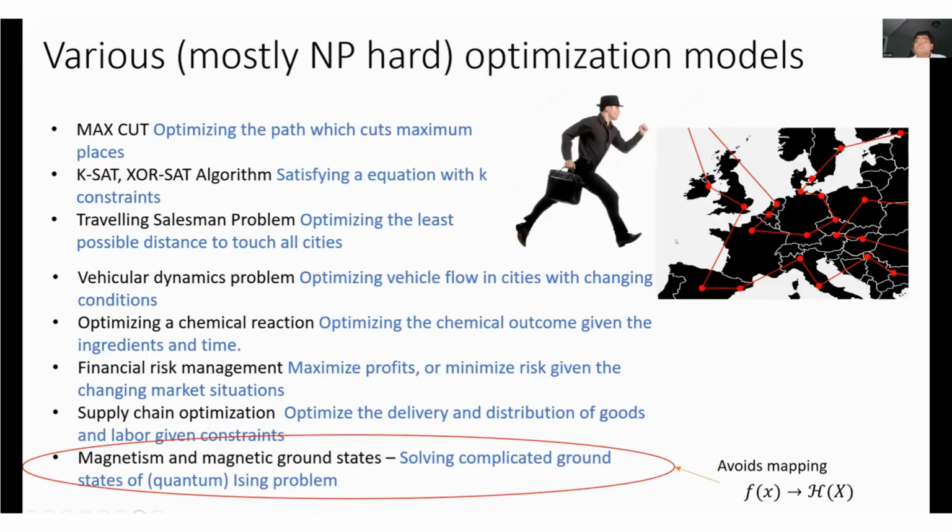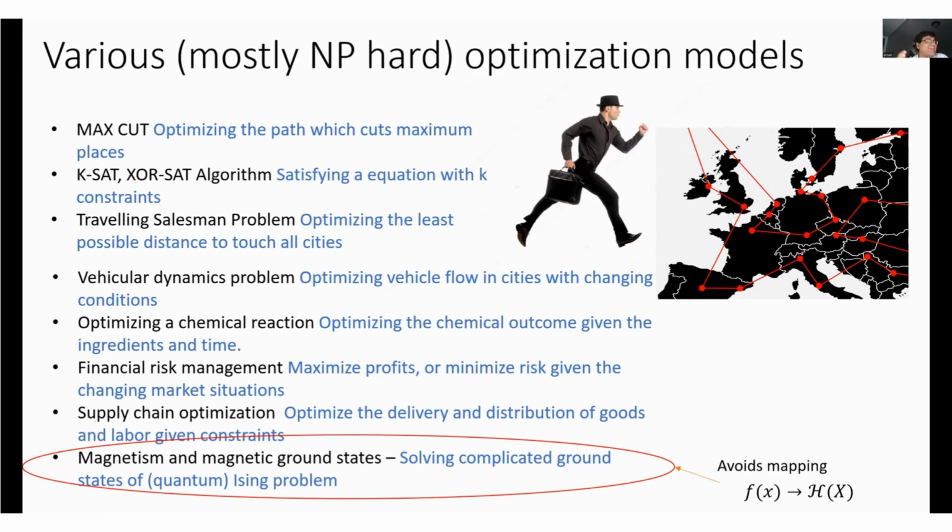There are many applications of these problems, as we see. There are several papers. For example, in the optimization community, you have the max cut problem, K-SAT, which is the satisfiability problem, and the traveling salesman problem. It has been applied in molecular dynamics, in optimizing chemical reactions, and in financial risk management. In fact, I have a couple of papers using quantum annealers in financial risk management.